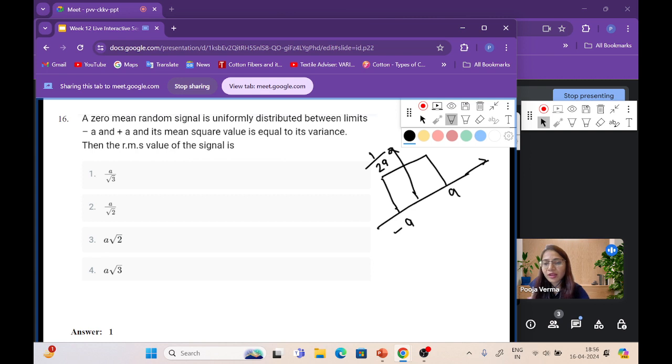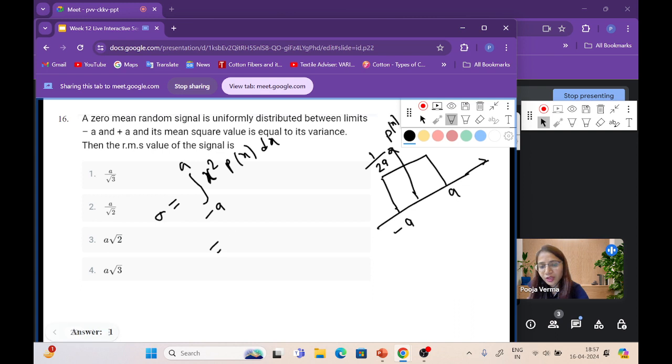For finding out the RMS value, first we need to find out its variance. How can we calculate the variance? The variance is represented by sigma square, the integral from minus a to a of x square p of x dx, where p of x is the probability density.